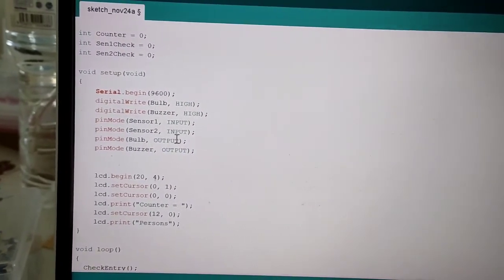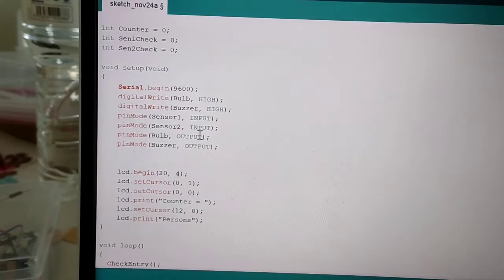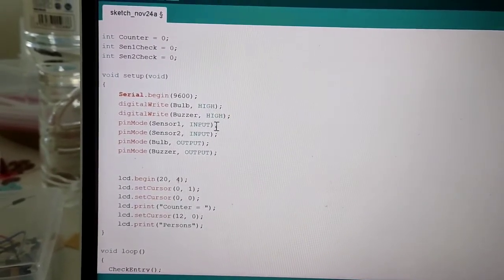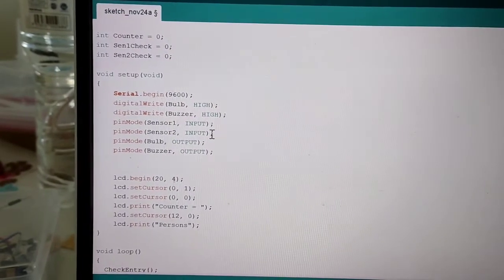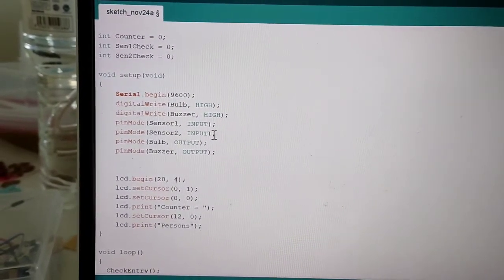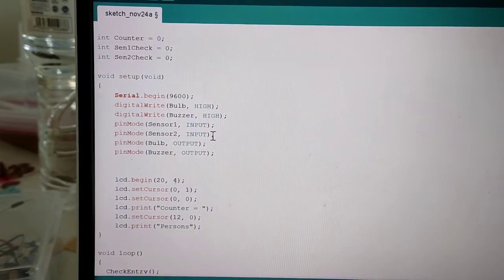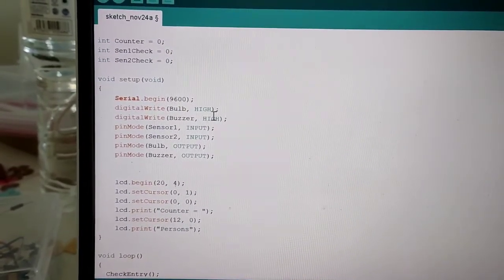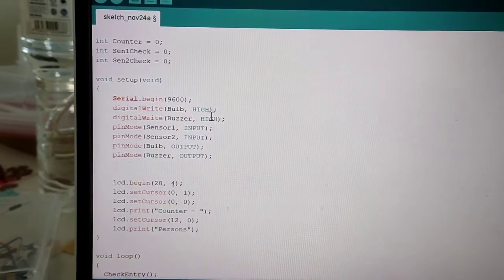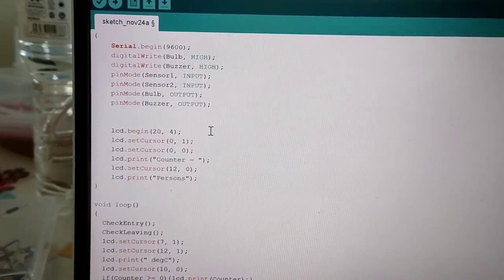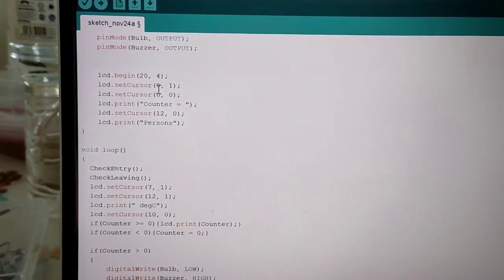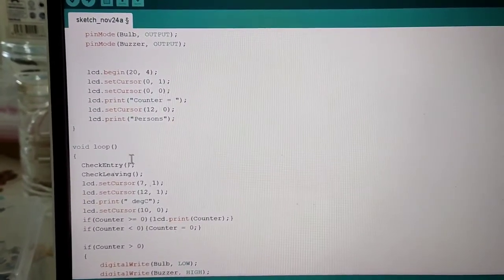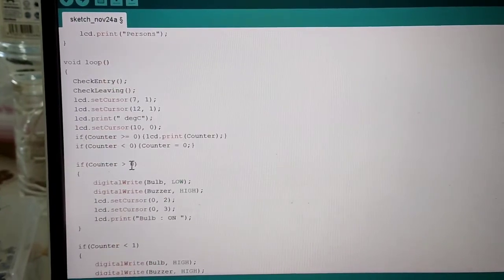So when people enter the room, the sensors detect the people and count, and the bulb and the buzzer are on. It will begin and set the count of the number of people entering the room.